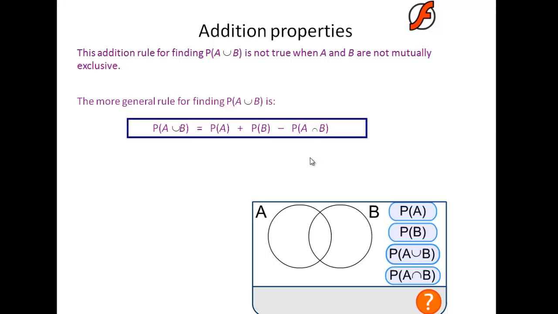The reason for this is because we've already counted this in the probability of A. We then count it a second time in the probability of B. So if we add them together, we've counted the area in the middle twice. So we need to subtract one of those.